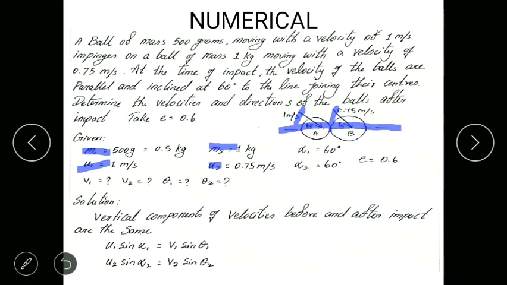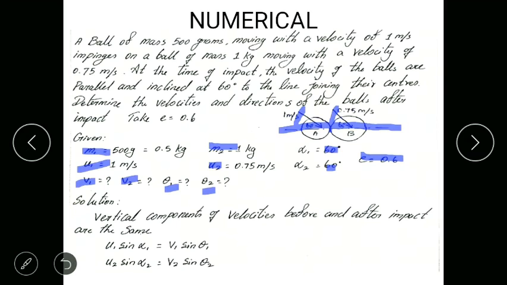The inclination of u1 and u2 is the same, 60 degrees. The coefficient of restitution given in the question is 0.6. We are going to find the final velocities of m1 and m2, and their inclinations with respect to the line of impact, which are theta 1 and theta 2.